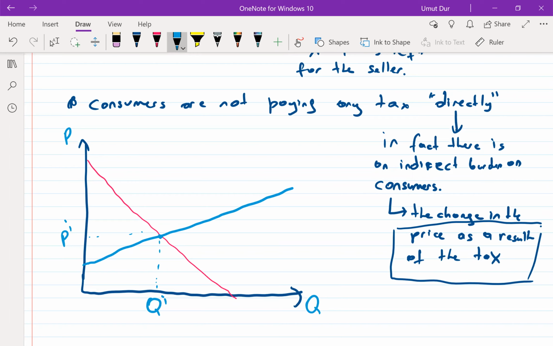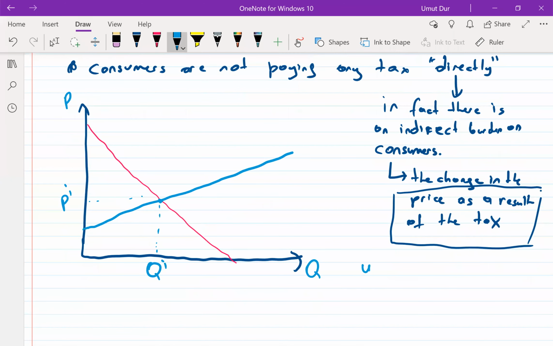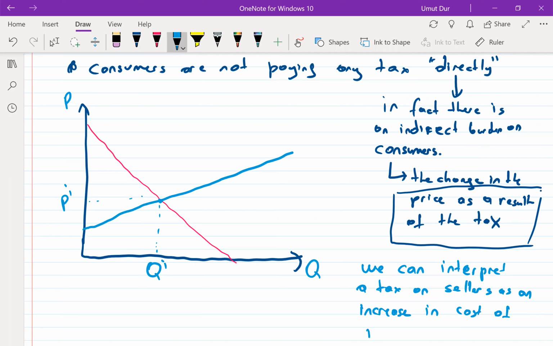We can interpret a tax on sellers as an increase in the cost of production. So this is supply initial, and this is demand.